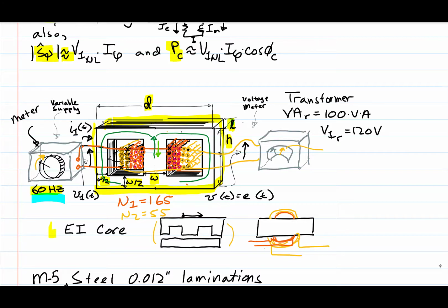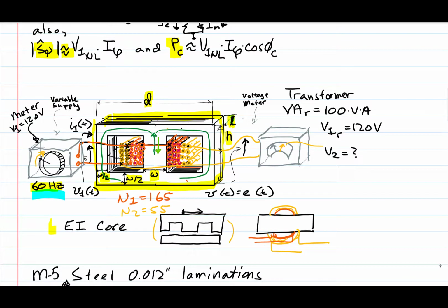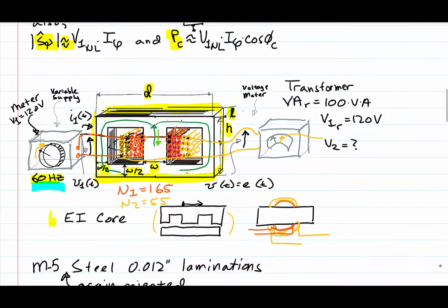So the power supply also tells us what voltage we're getting, and it says, okay, I've got V1 of 120 volts, and then I'm going to say, what is V2? What's the secondary voltage that I'm seeing here, the RMS value for that?